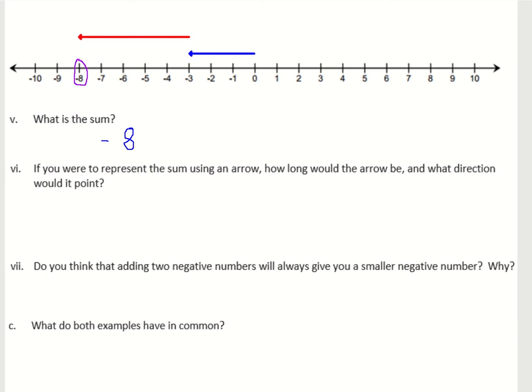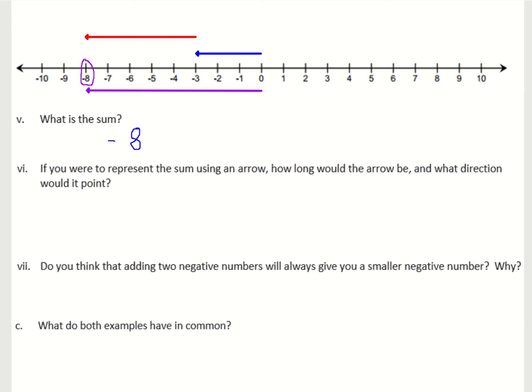So once again, we have to start at 0 and go to -8. So it's going to be 1, 2, 3, 4, 5, 6, 7, 8 long. And it's going to be to the left. So 8 to the left.